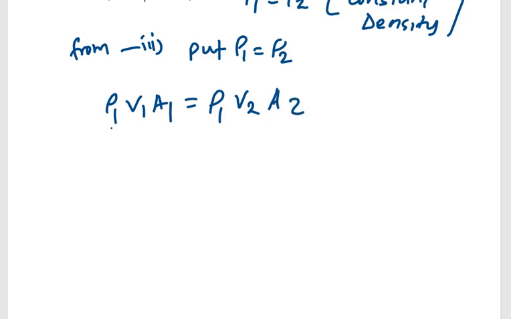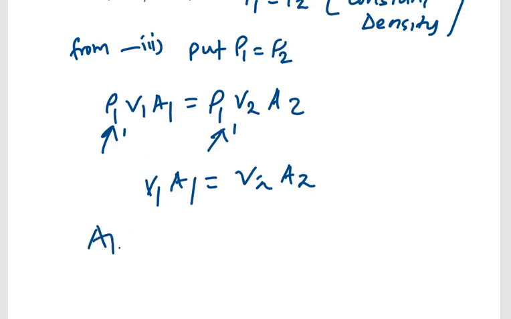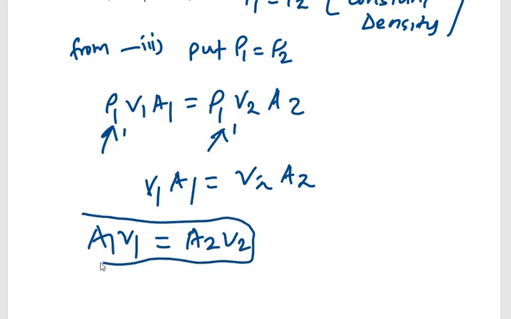The densities cancel, so we are left with V1 A1 equal to V2 A2. This is the continuity equation. Therefore, A1 V1 equals A2 V2 is the continuity equation.